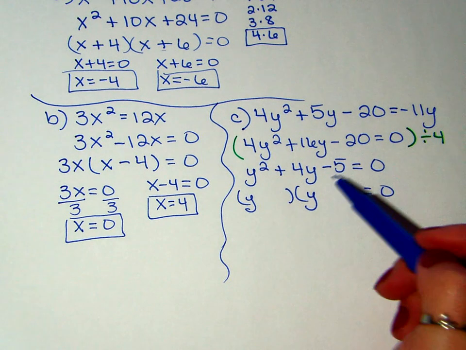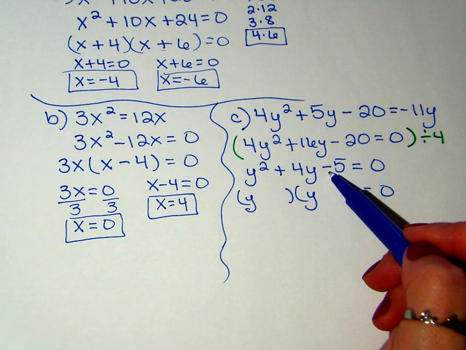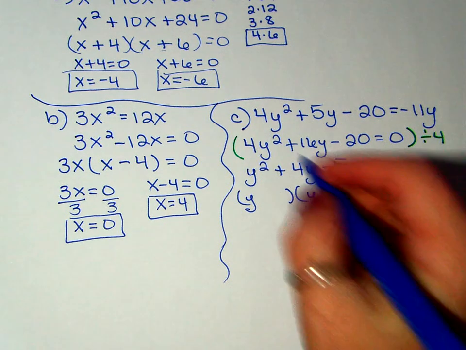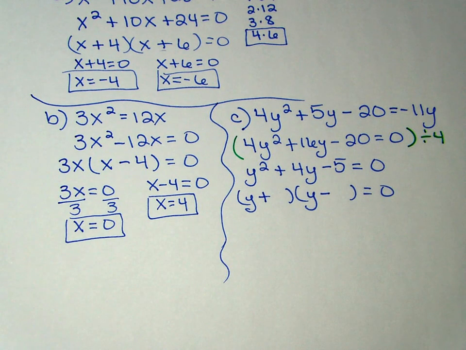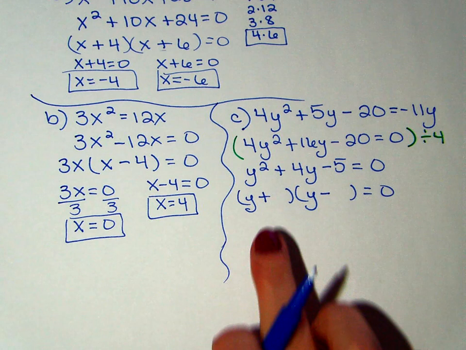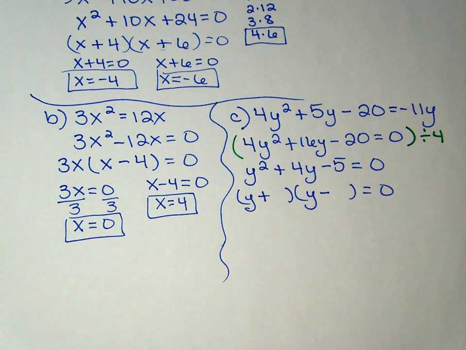My sign in front of my C term is negative, meaning I'm going to have a positive and a negative. And here's the nice thing. 5 is prime, so there's only one set of factors for it. It's 1 times 5. So then the question becomes, where do I put my 1 and where do I put my 5? Well, I look here at the middle term.